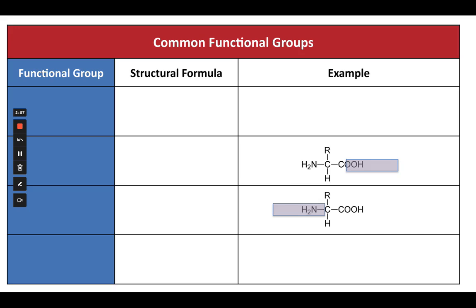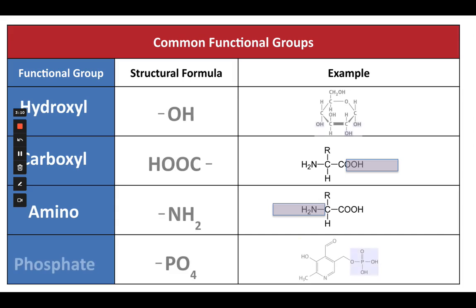So you do need to put into your notes the common functional groups, and so go ahead and take a second and set up this data table so that it looks exactly like what is here, and we are going to just very quickly talk about each of these different components that allow these different carbon macromolecules to be created.